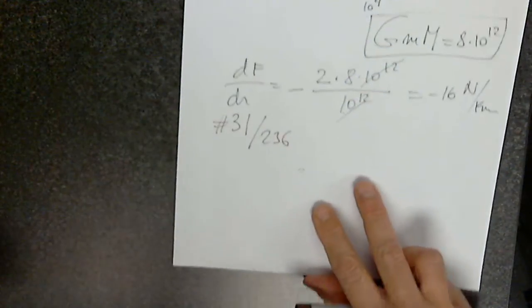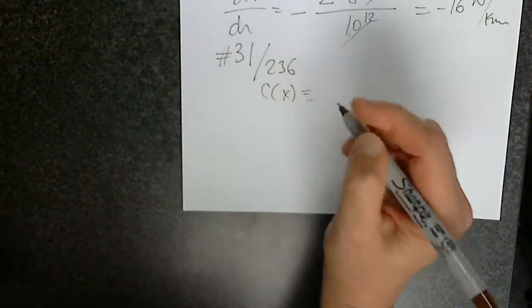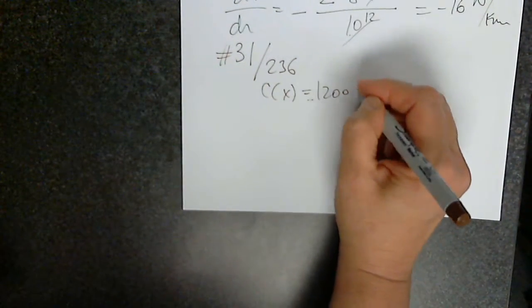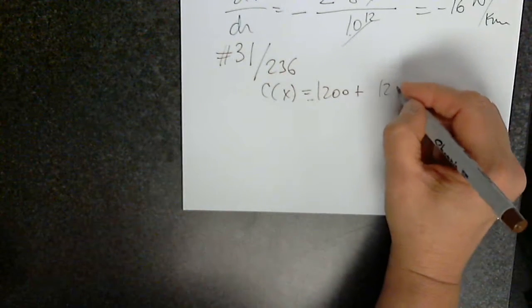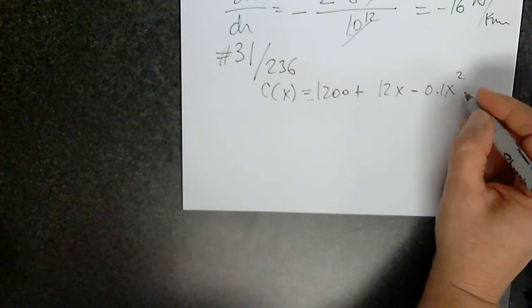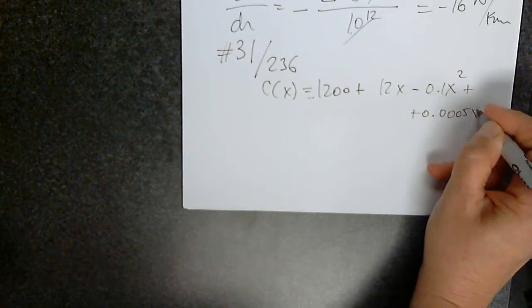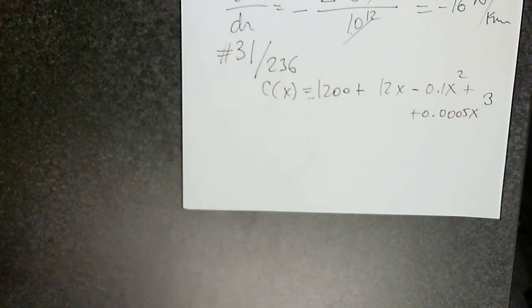Ready? So I'm copying the function C of x equals 1200 plus 12x minus 0.1x squared plus 0.0005x to the third.